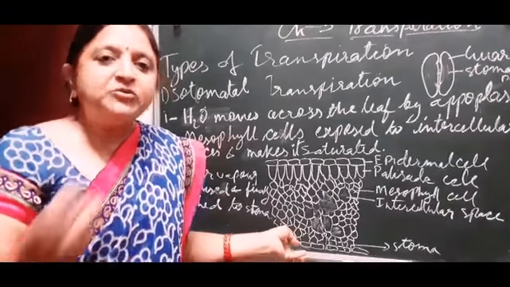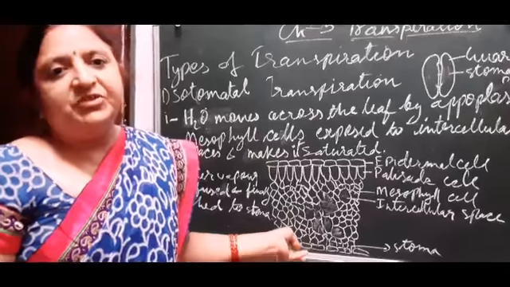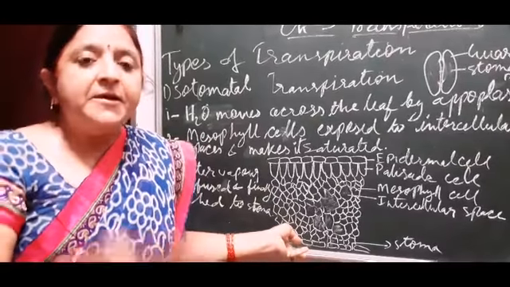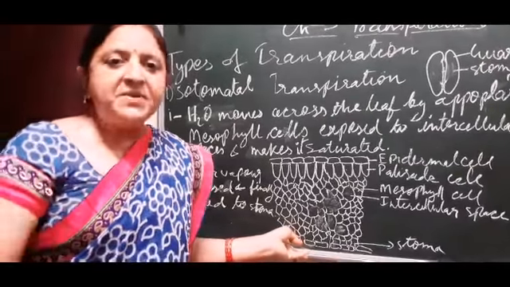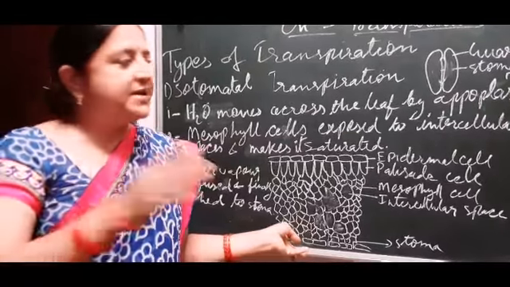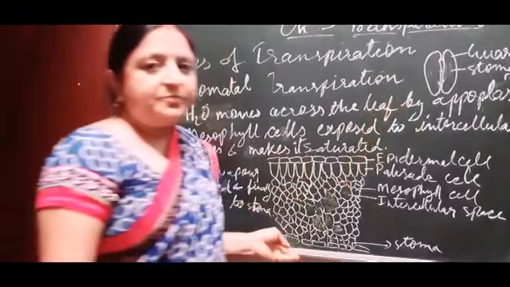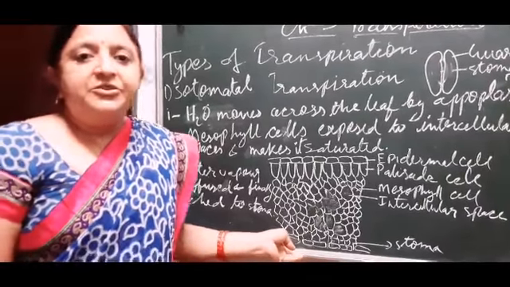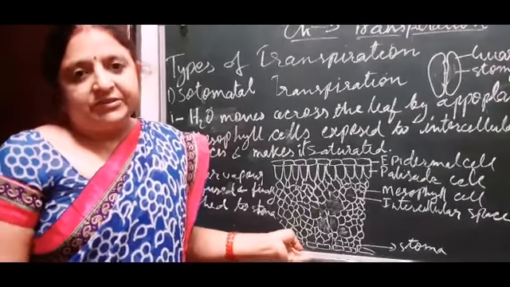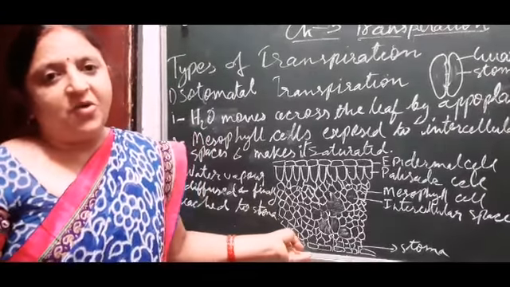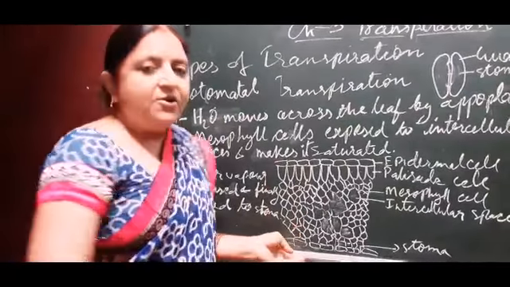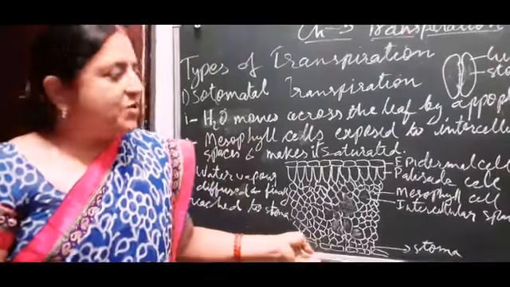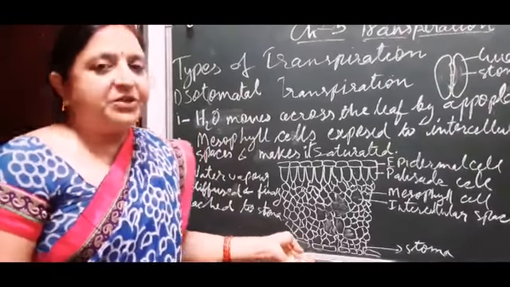Water vapor comes out by diffusion because there is no membrane between the atmosphere and the stomatal pore, so water diffuses out in the form of vapor. This is all about stomatal transpiration.